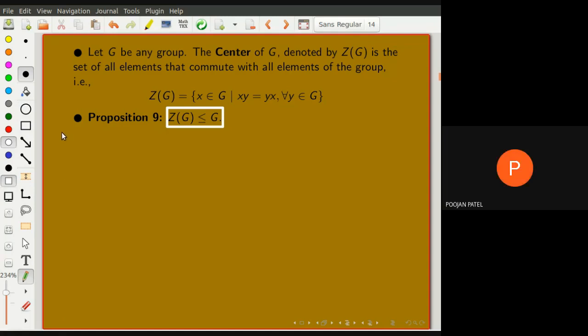Sir, the above proposition number 8 and the center of a group are the same statement only. Which one? Proposition 8 says for all A belongs to G, and in here the center of the group for all Y belongs to G. So they both are the same only.